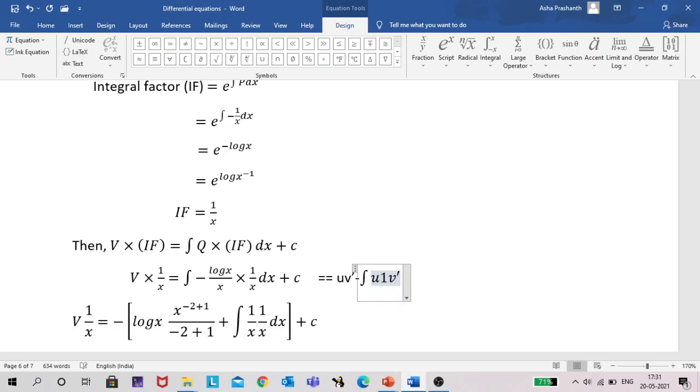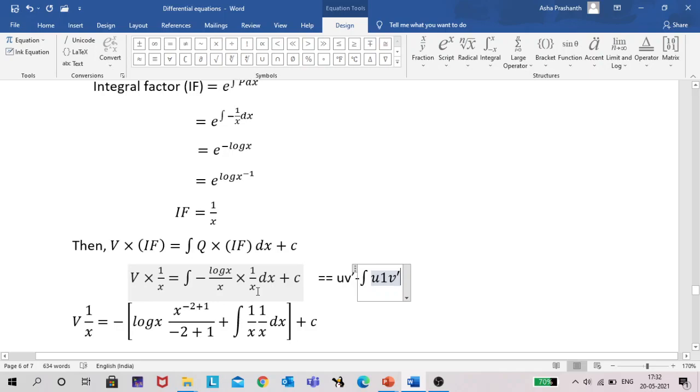So this u1 stands for the differentiation and v dash stands for the integration. Okay, log x I'm taking as it is. Log x taken as it is, and 1 over x square integration.